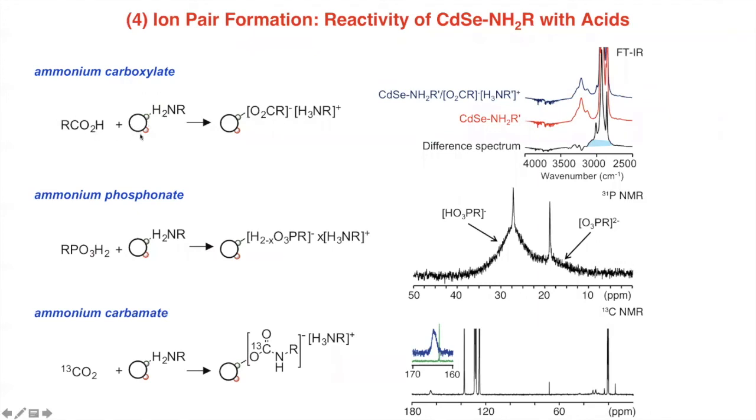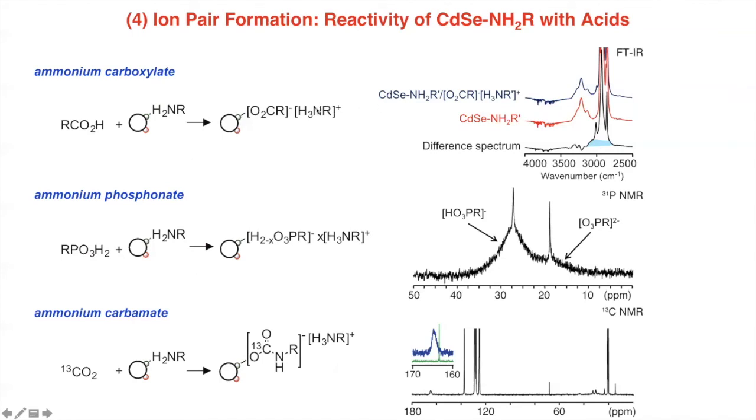So if you add carboxylic acid to this material, you can obtain this ion pair adsorbed to the surface of the particle. So by deprotonation of that acidic hydrogen, you get this salt. And then it turns out it's difficult to distinguish this from this.